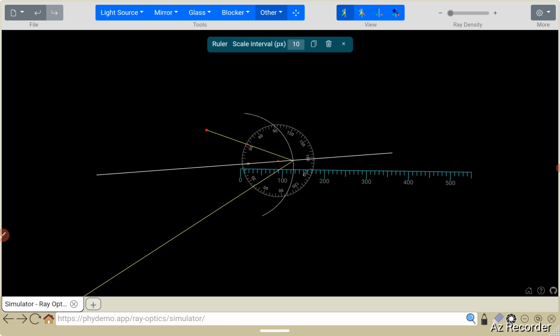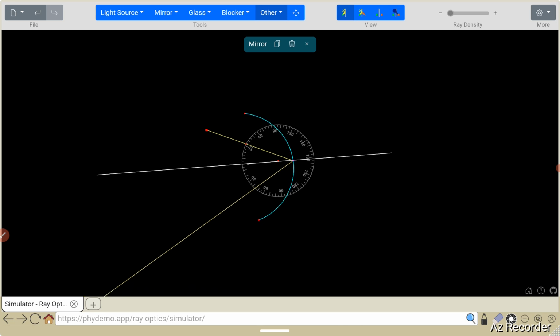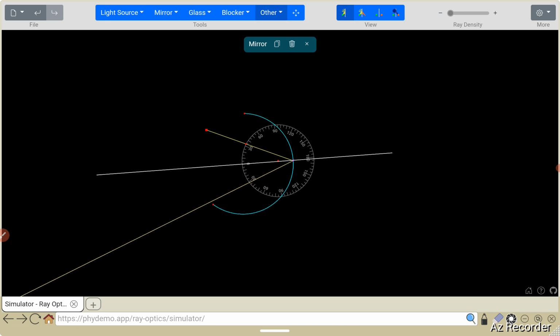Now I am just removing this ruler. Now see the angles, 30 and 30. Otherwise we will just change this mirror so that we will get it correctly. Okay, so for now this is the normal.